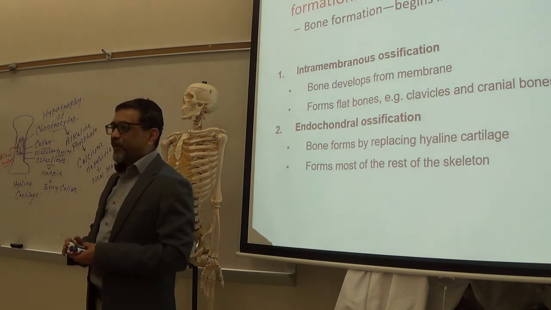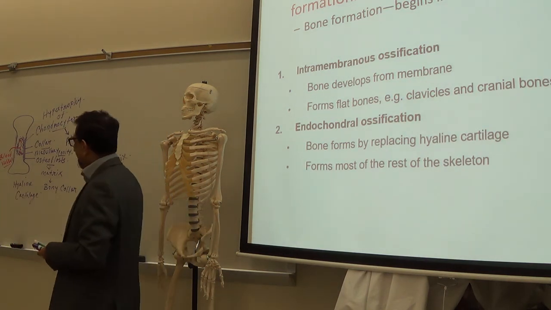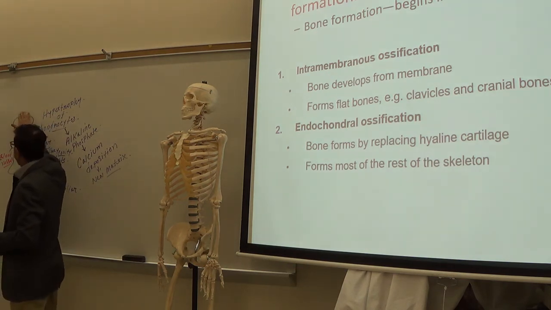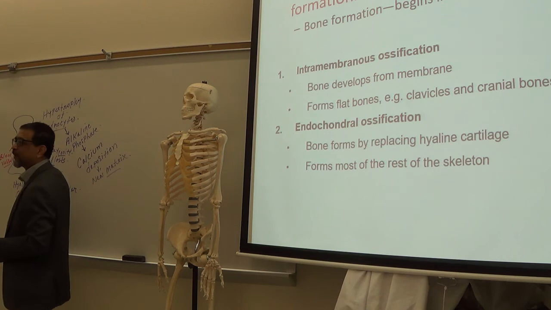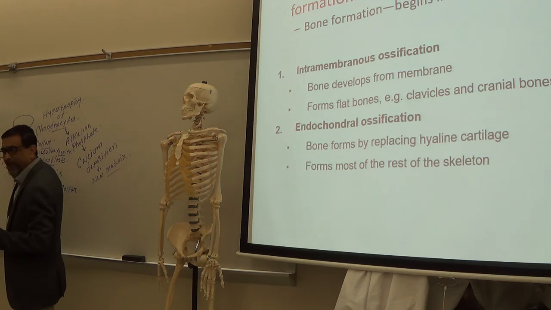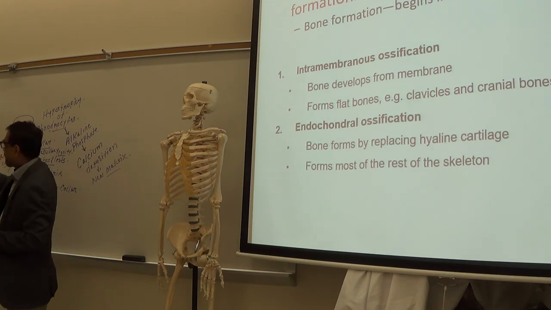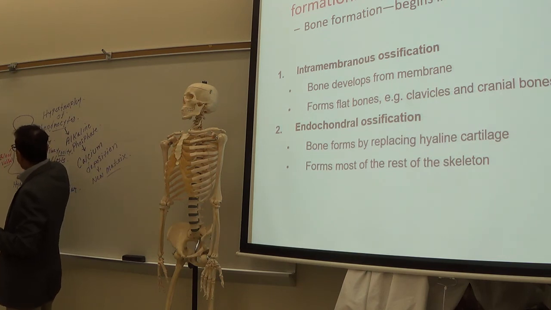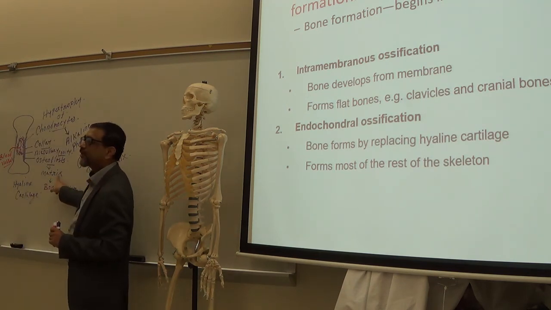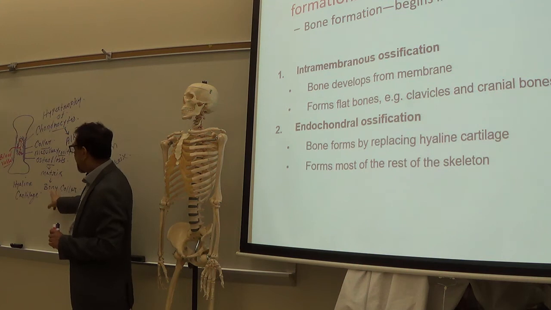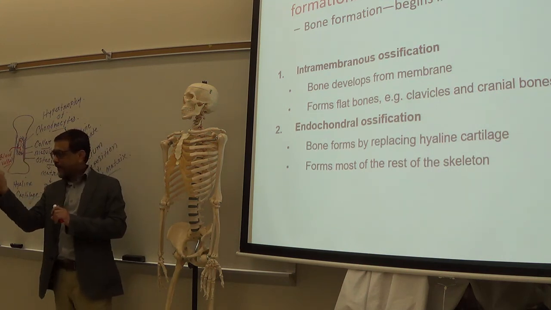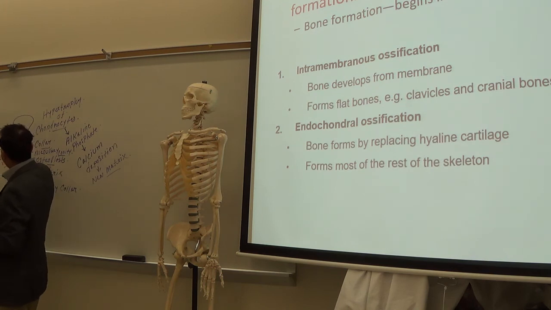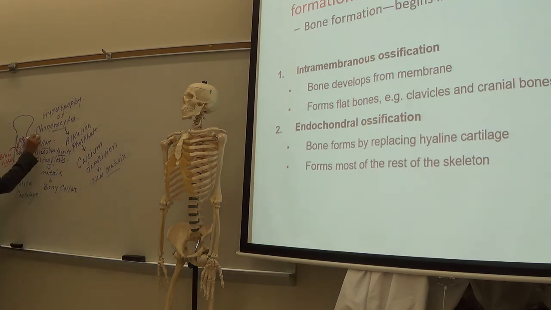So let's quickly review before I move forward. In early part of life, this is a hyaline cartilage. In a fetus, it will become a bone, right? So that is ossification, endochondral ossification. So first, around the shaft, the osteoblasts will secrete matrix, and a bony collar will be formed.